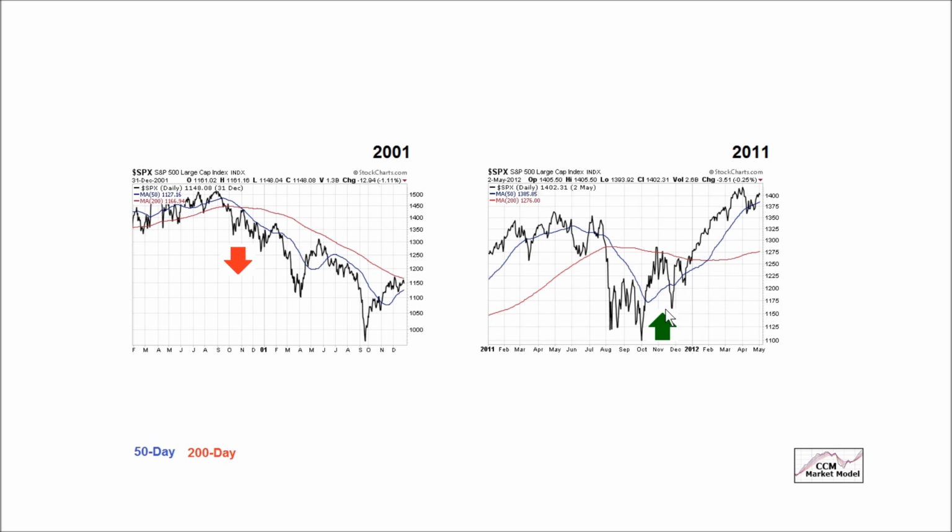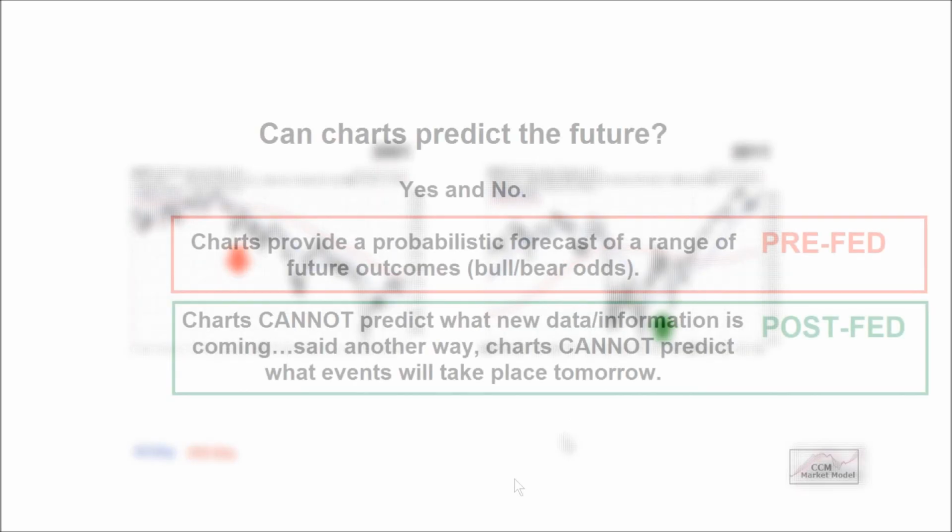Notice the difference between the two. The 50-day here never really turns back up in any significant manner. Not the case here. The evidence on the chart, I can see this. The 50-day starts to turn up, and after that, good things happen. It's very, very difficult to see this and react if we forecast and decide in advance what's going to happen.